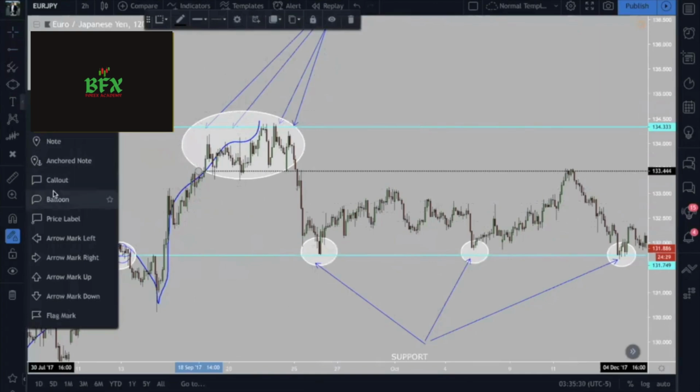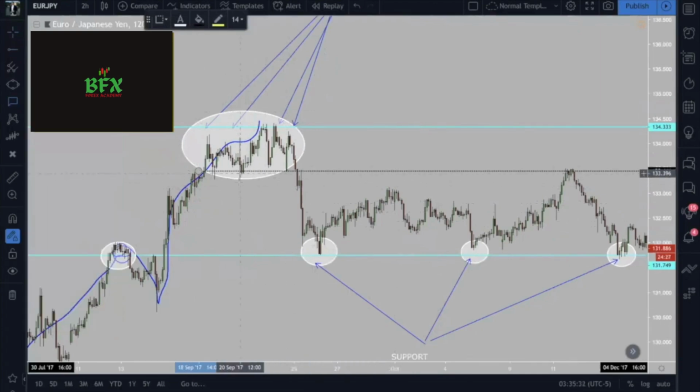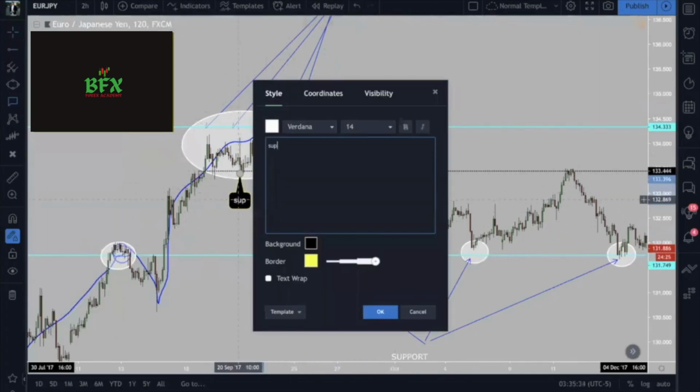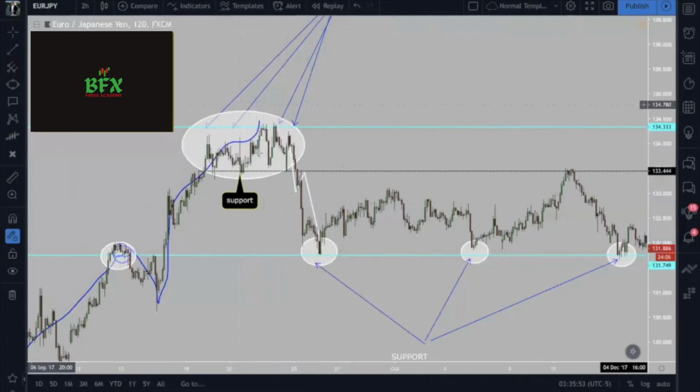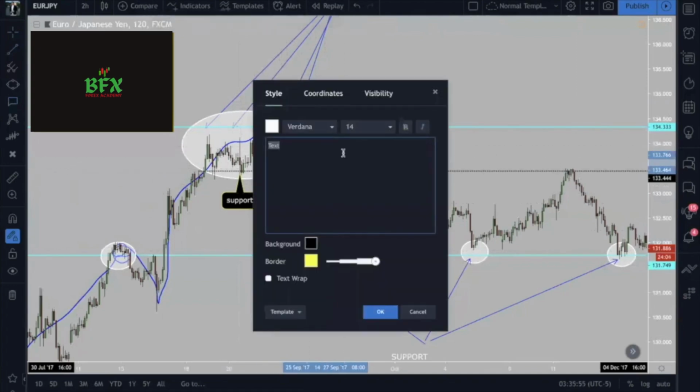So we have a support. And then what happened, the support breached, price, you see the green candle here in the wick, came back up, and then what was previously support then acted as resistance, and we fell. So right here, we have resistance.